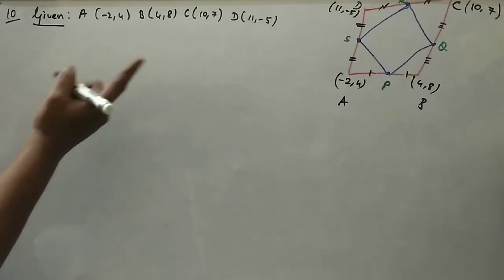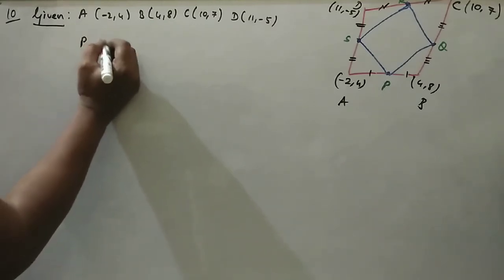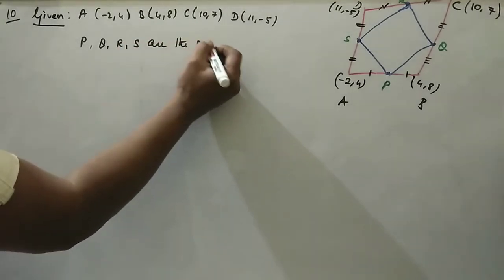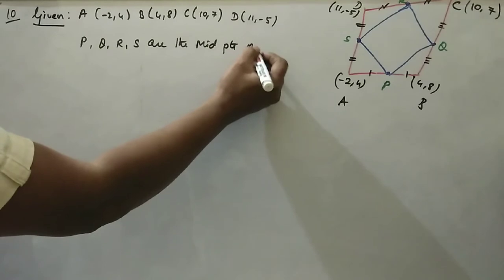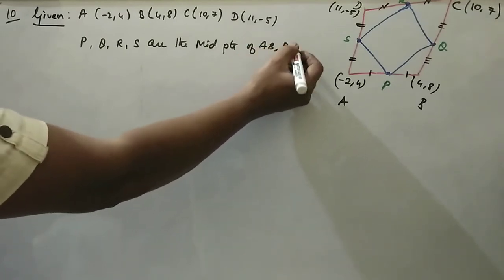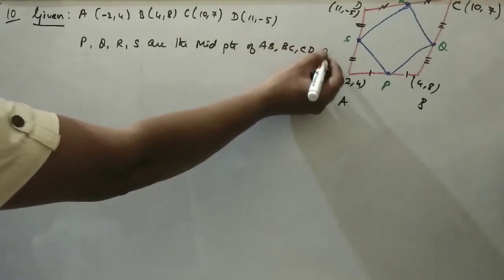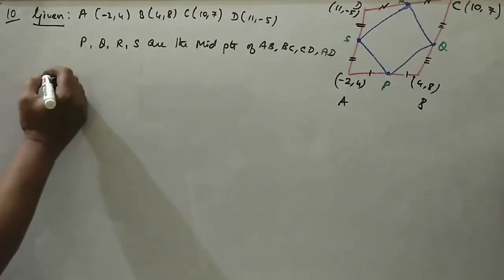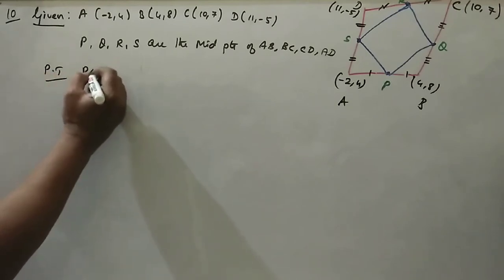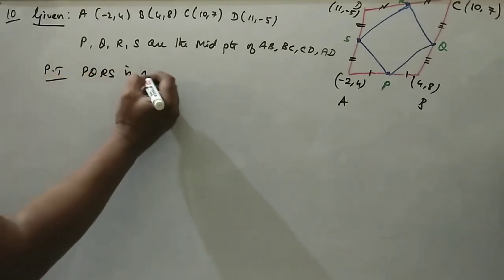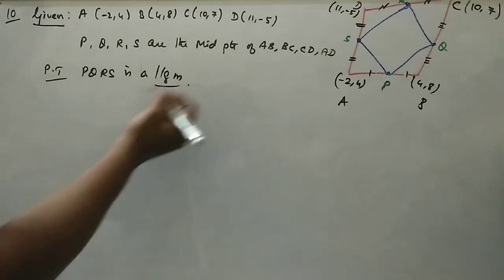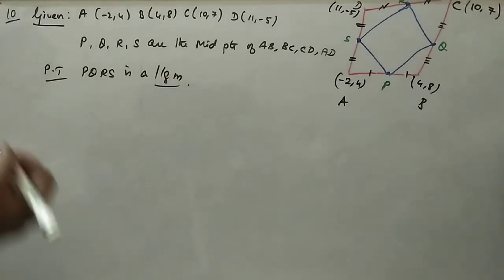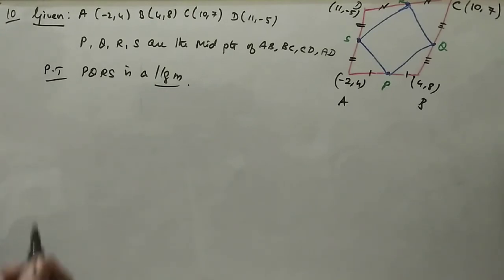Then P, Q, R, S are the midpoints of AB, BC, CD and AD. Okay. Now prove that PQRS is a parallelogram. So parallelogram opposite sides are parallel. So opposite sides are parallel means slopes remain same.